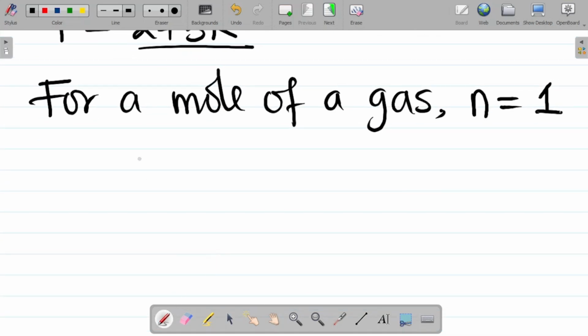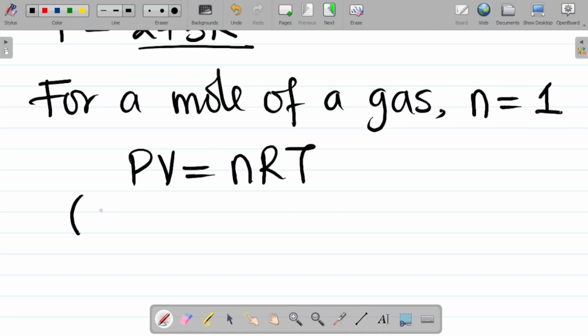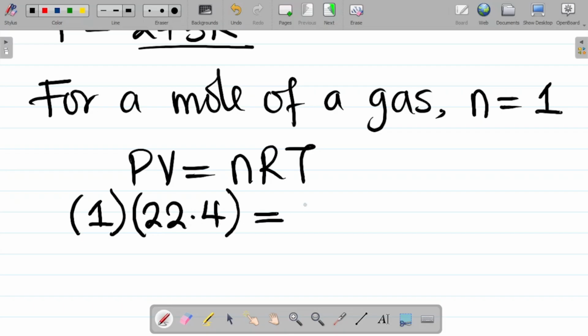At STP, what do we have? The equation was that PV is equal to nRT. So at STP, we said the value of the pressure is 1 atmosphere, so 1 as pressure. The value of the volume at STP, we said, is 22.4 decimeter cube. It's equal to, when it comes to n, number of moles, we said for just 1 mole of a gas, so it becomes 1 times R. We want to get the value of R at STP for 1 mole of a gas.